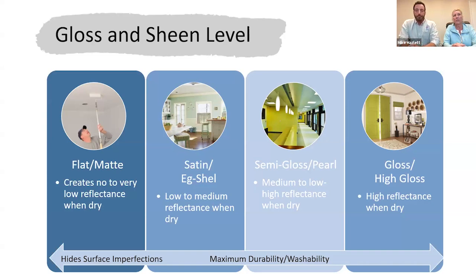Gloss, or semi-gloss, is more typically seen on your railings, your doors, anything where you want a lot of durability. And like Mike said, the gloss or semi-gloss will show every little imperfection. If you've had any kind of restoration work done in your building, we really strongly try to go away from that. Every job is different, and there are ways we can discuss it and look into it.